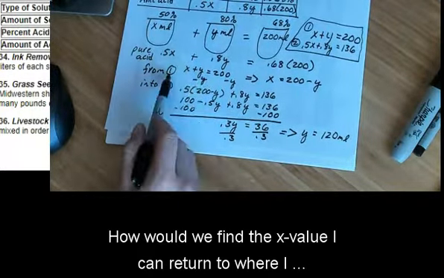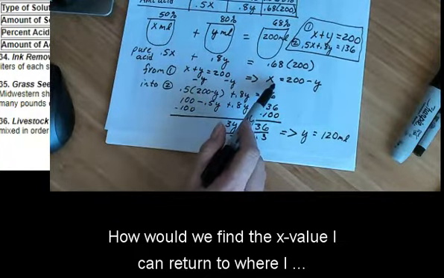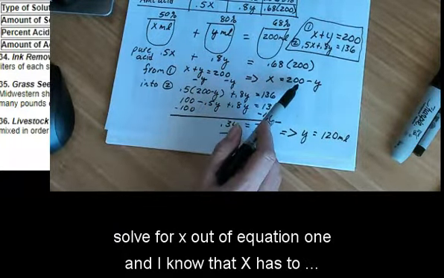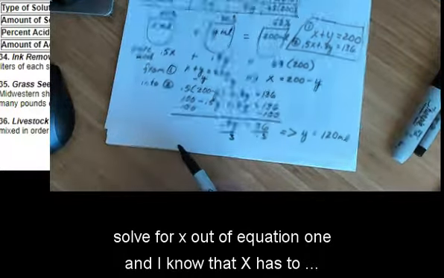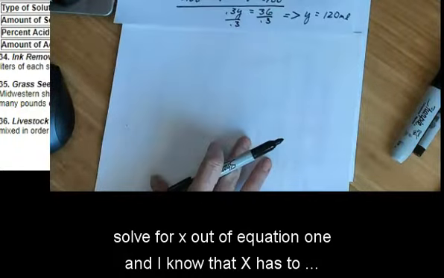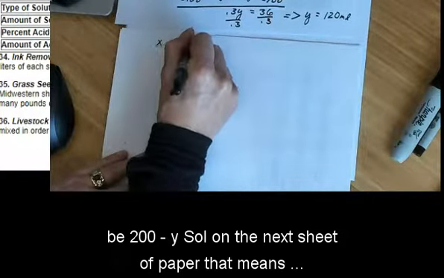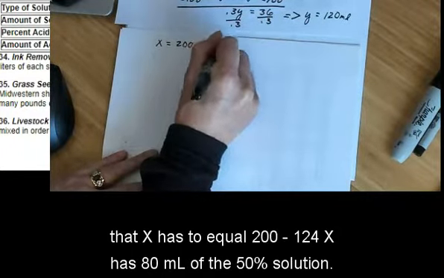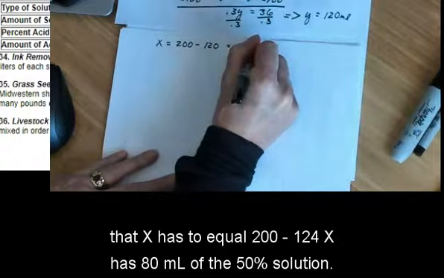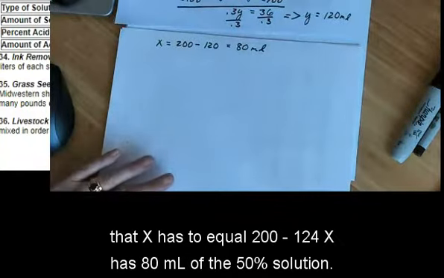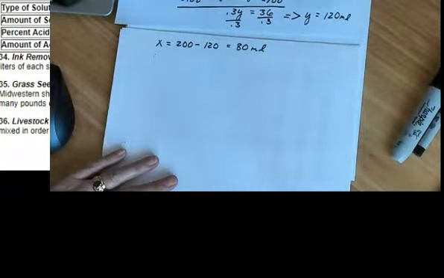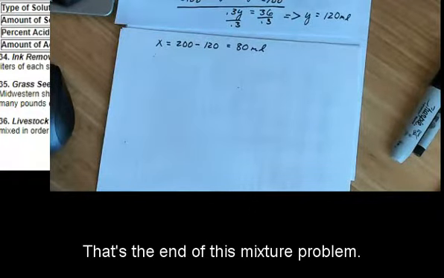I can return to where I solved for x out of equation 1, and I know that x has to be 200 minus y. So on the next sheet of paper, that means that x has to equal 200 minus 120, or x is 80 milliliters of the 50% solution. That's the end of this mixture problem.